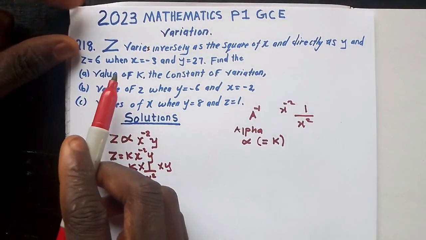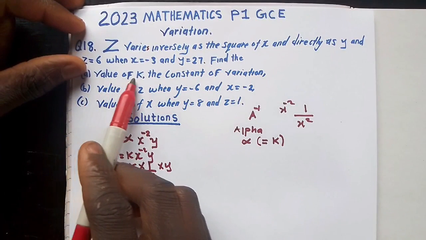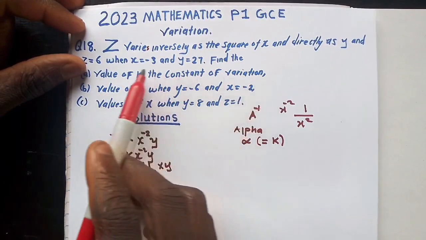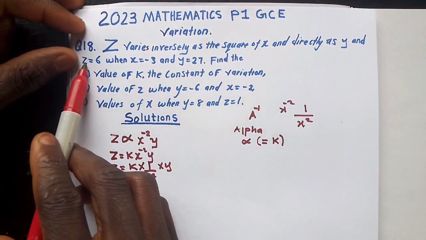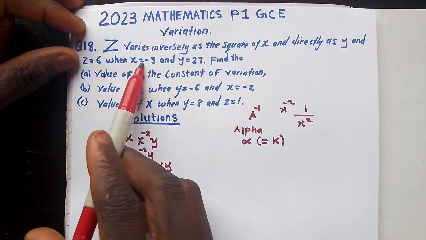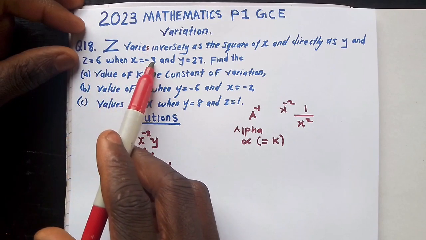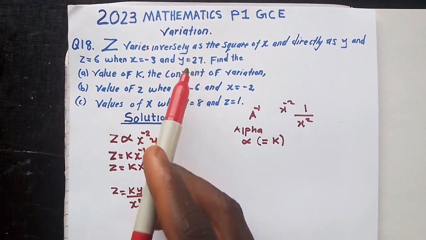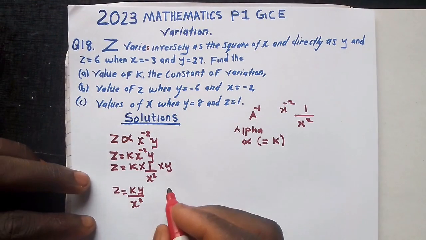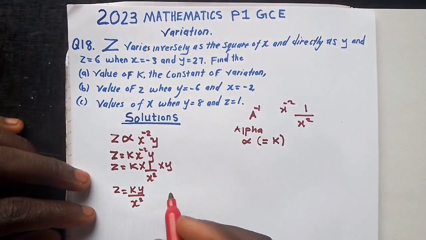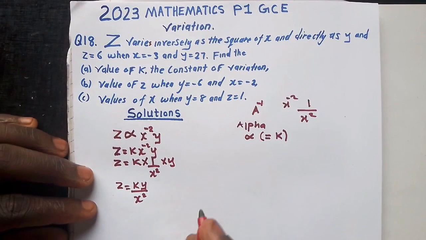So the first question was saying we need to find the value of k, the constant of variation, when z is equal to 6 and x is equal to -3 and y is equal to 27. So in this case, my value for y is 27.